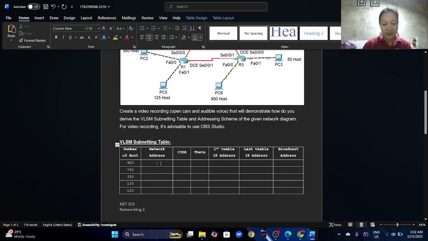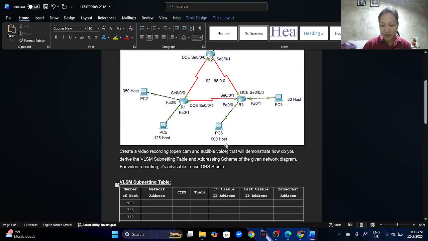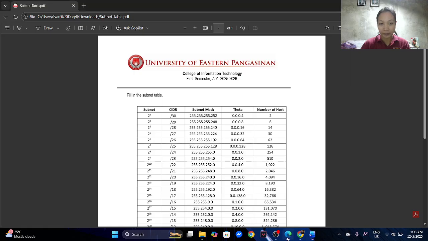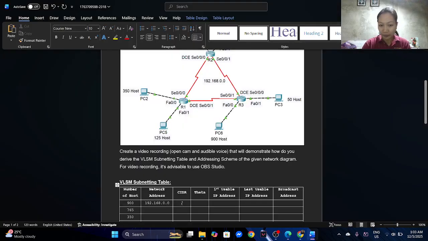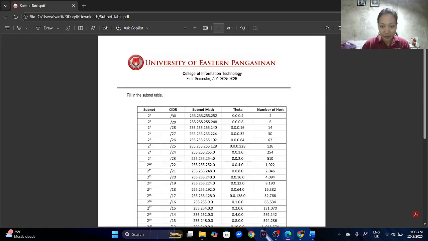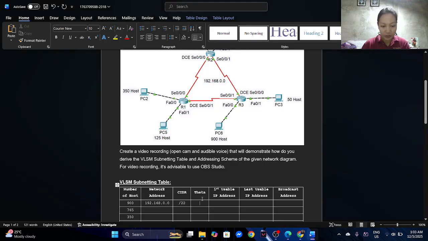So for the network address, host 900 is 192.168.0.0. So ang CIDR is, since 900 hosts, dito siya sa 1022. So CIDR /22. Ang theta is 0.0.4.0.